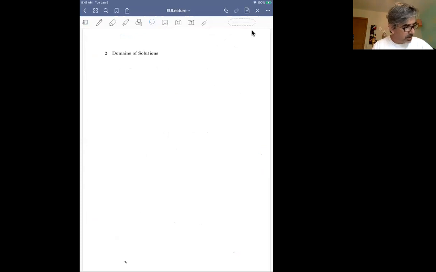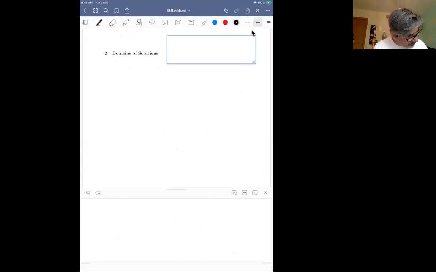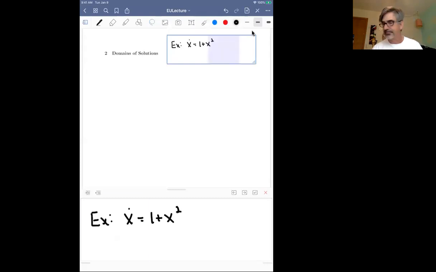Let's talk about another example that looks very similar to that: dx/dt equals 1 plus x squared. I'm just going to give it an initial condition of x of 0 is equal to 0.